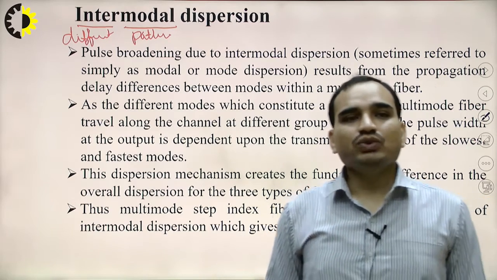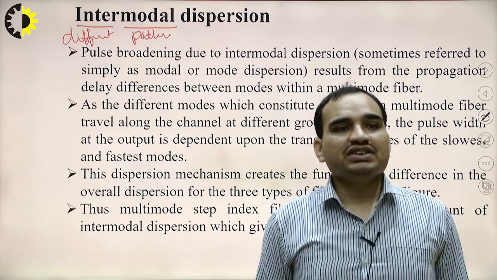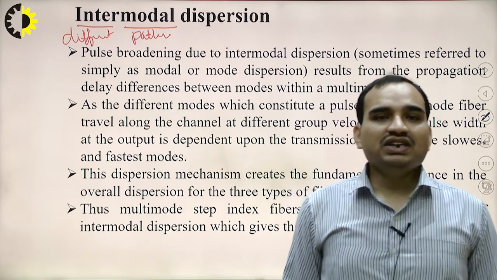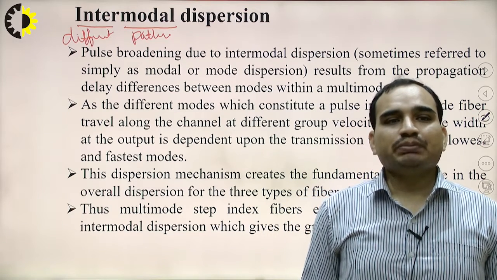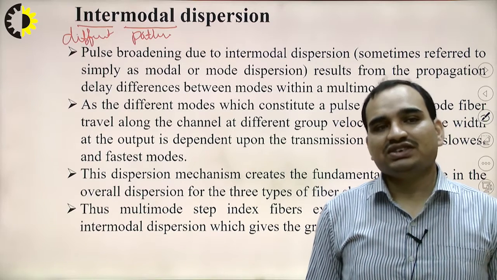As the different modes which constitute a pulse in a multi-mode fiber travel along the channel at different group velocities, the pulse width at the output is dependent upon the transmission times of the slowest and the fastest mode.